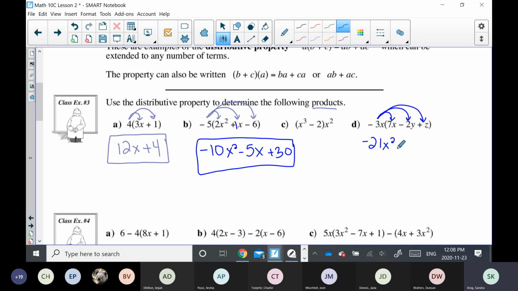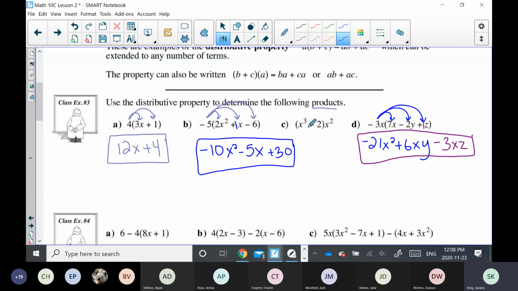So -3 times -2 is plus 6. X times y is xy. I'm going to put my invisible 1 with the z. -3 times 1 is -3, and the letters are x times z to give me an xz. And this would be your answer.